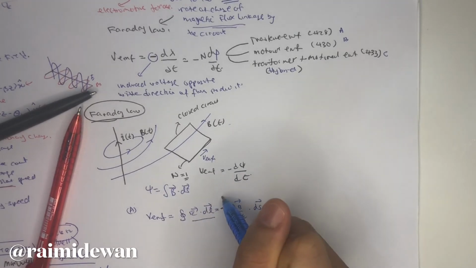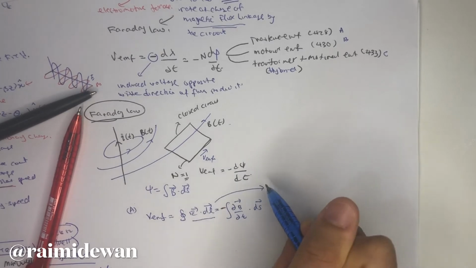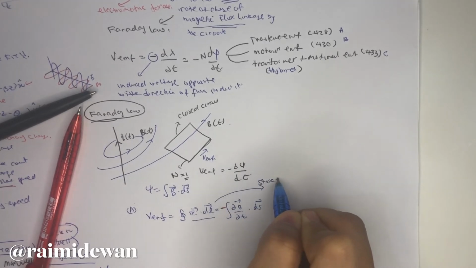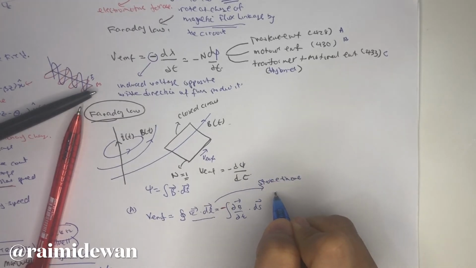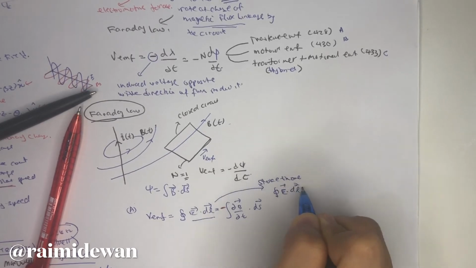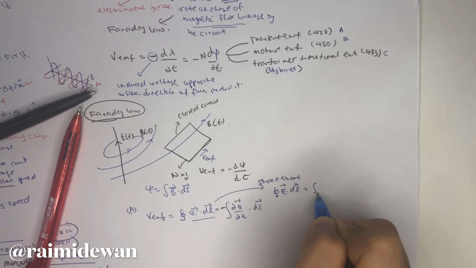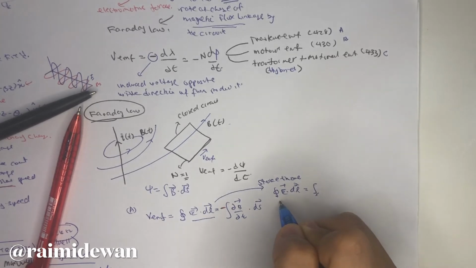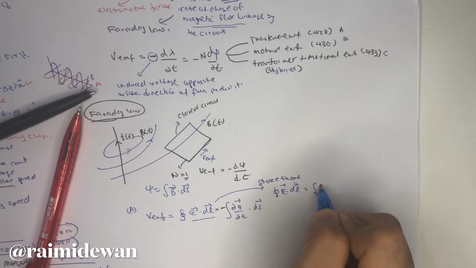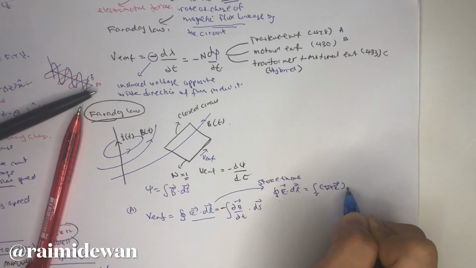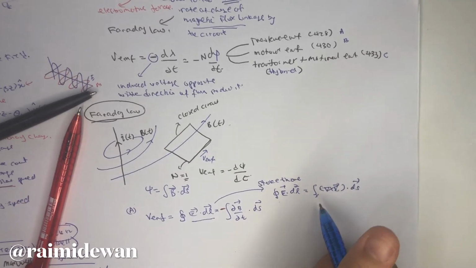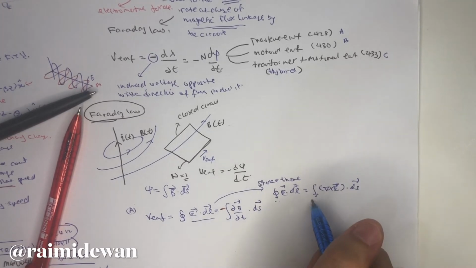Okay, so in Stokes theorem, you have your closed integral of E dl can be from the line to your surface integral. This is what it is all about for this Stokes theorem. Okay, so you start to change from the line to the surface.